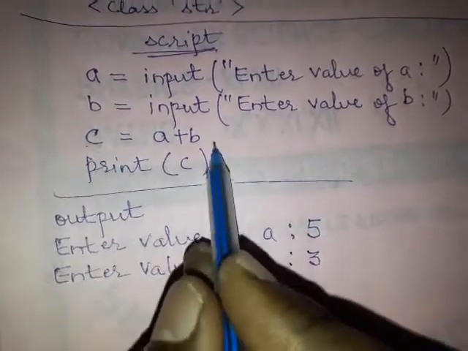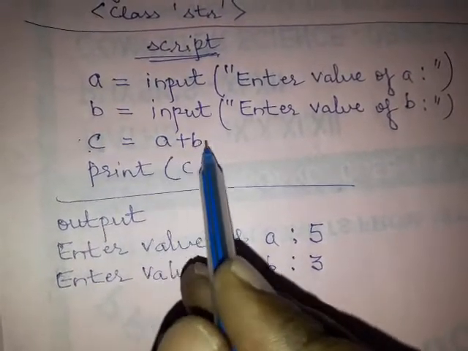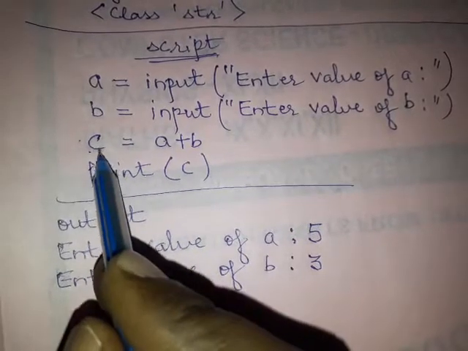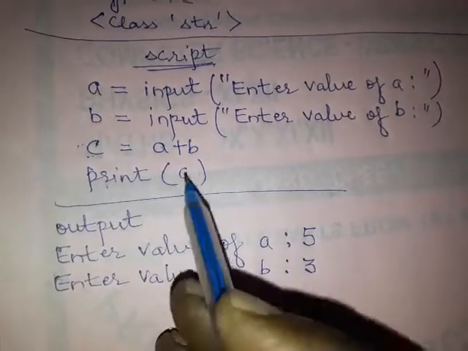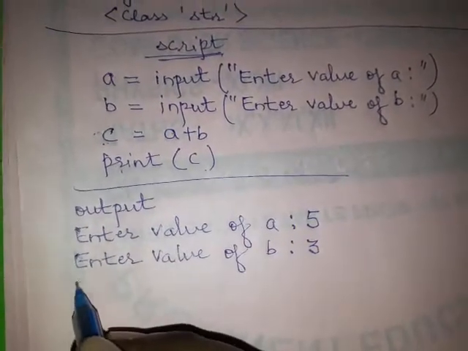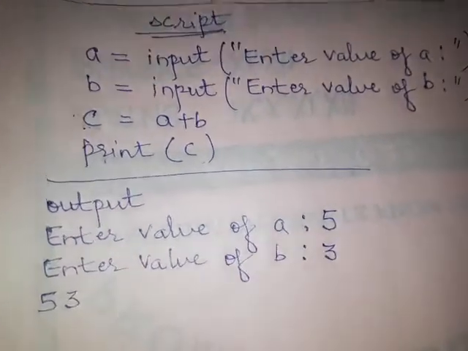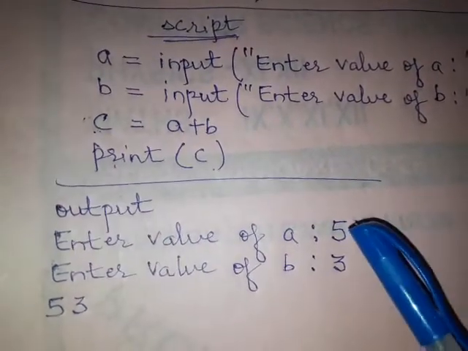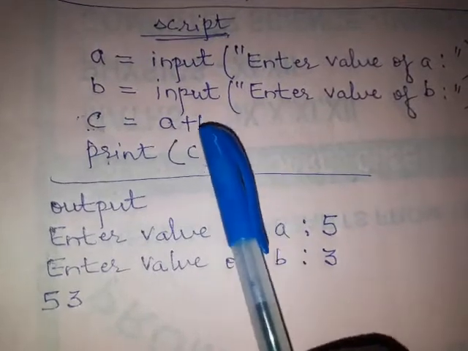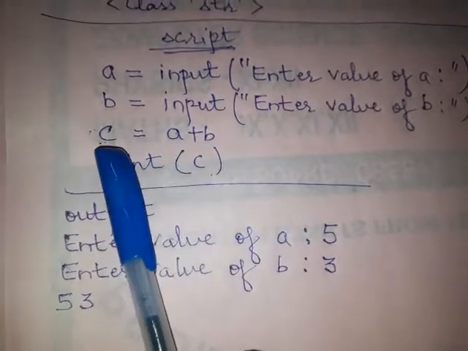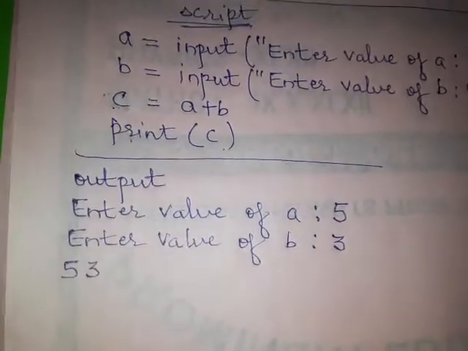Then there is a statement in which the calculation a plus b is done and assigned to c. This will not be displayed on the screen, but print will display the value of c. This will display 53. The value of a is 5 and the value of b is 3, so c should have the value 8, but our result will be 53.